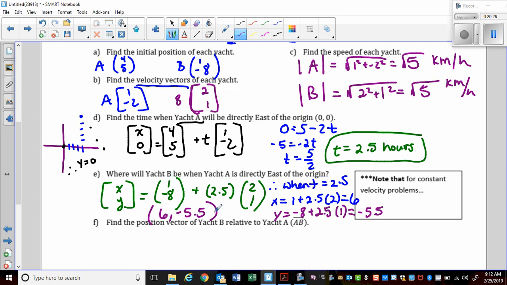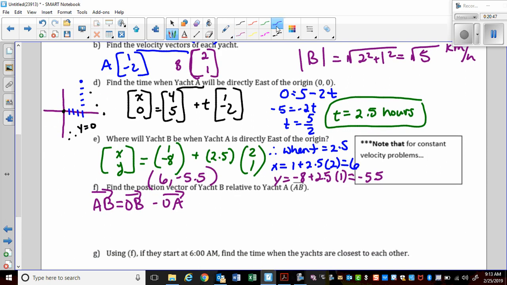Find the position vector of yacht B relative to yacht A. So remember that AB is B minus A. It looks like B's equation is 1 plus 2T, and then negative 8, the initial, plus my direction, which is 1 times T, or just T. And then minus A. A's is right here.